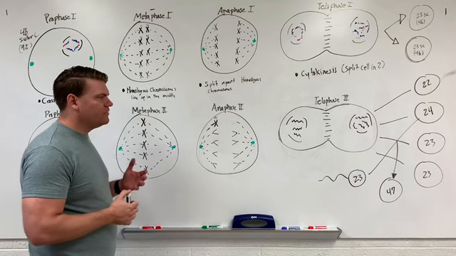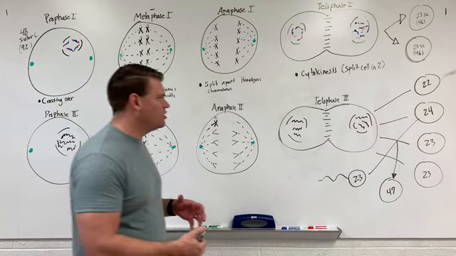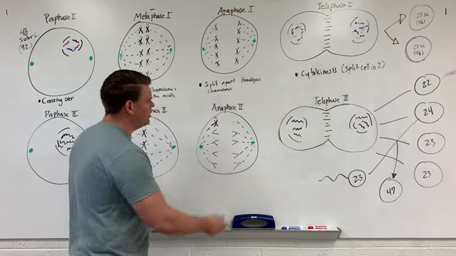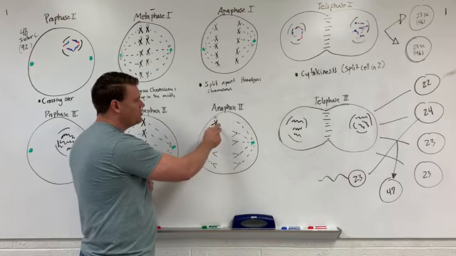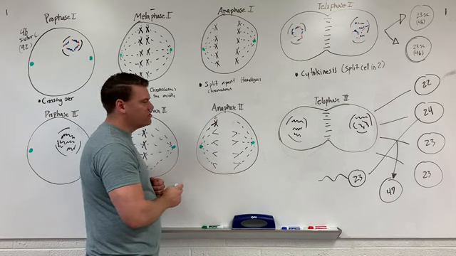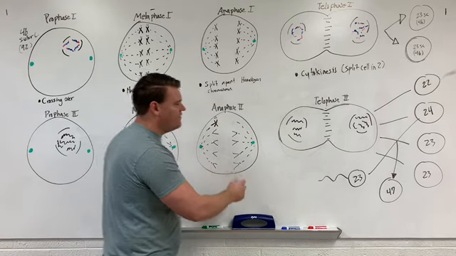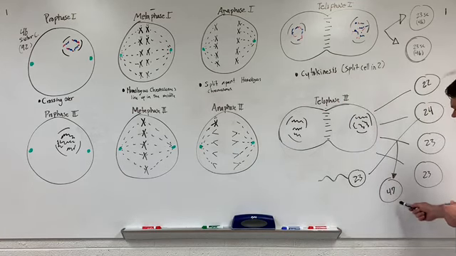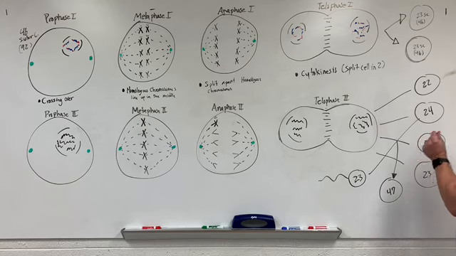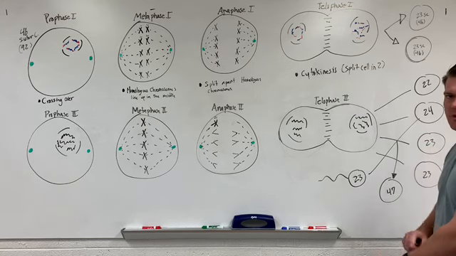So offspring that have Down syndrome, what happened is that there was a problem during anaphase 2, and the chromosome didn't split like it was supposed to, the sister chromosome, and eventually that individual now has 47 chromosomes, with that extra chromosome being chromosome 21.